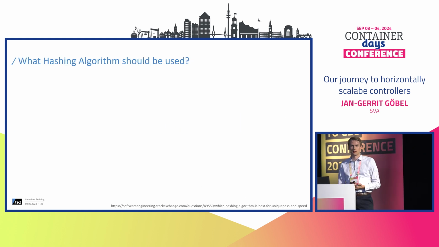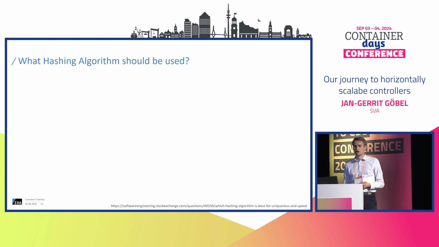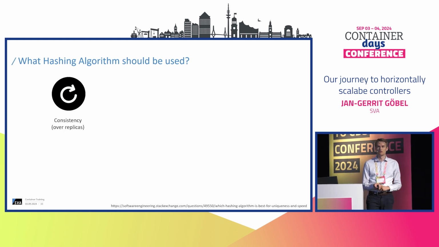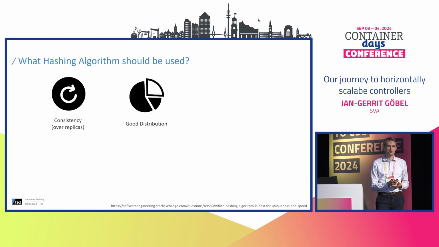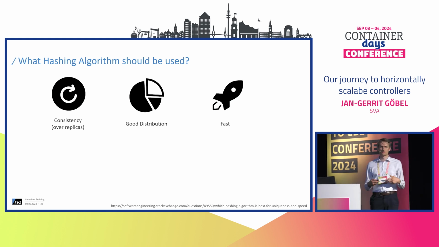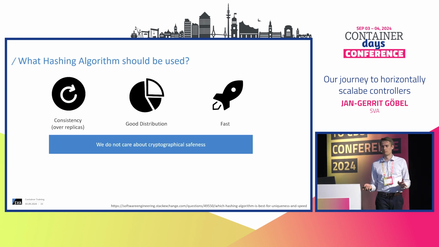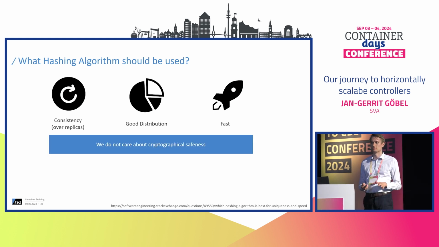So what hashing algorithm should be used? We need consistency over all of the replicas, of course. We need a good distribution, and we need it to be fast, so the CPU time overhead is reduced. We do not care about cryptographic safety here.